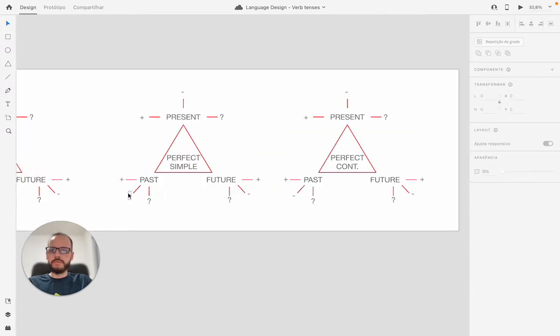So now your student got that there is a pattern, so there is less cognitive effort here.